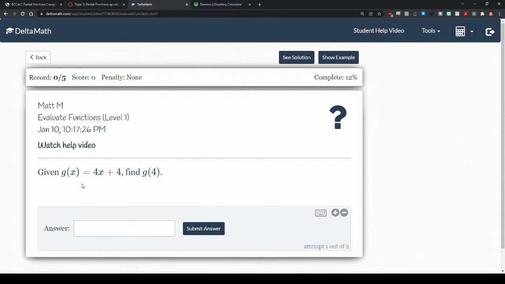Okay, so in this one, we're evaluating functions. So we're going to plug in 4 into the function g of x. I'm going to write this down on my little smart notes and then bring you over there. So g of x equals 4x plus 4, g of 4.